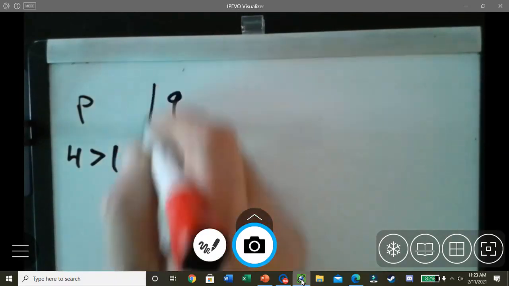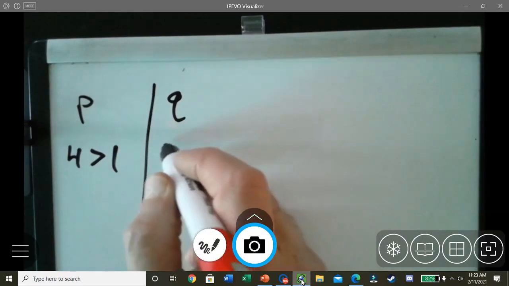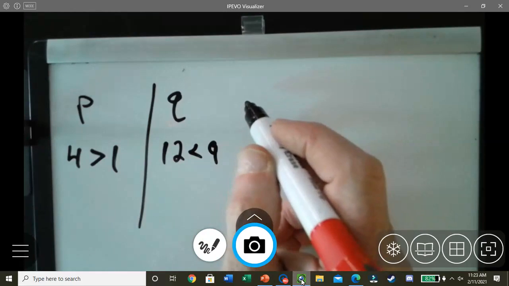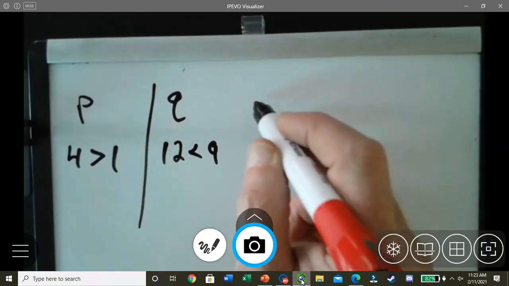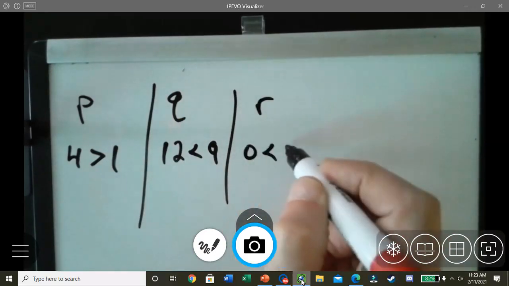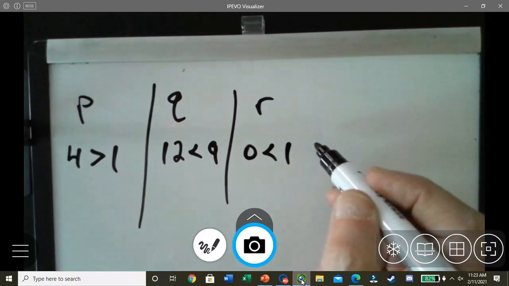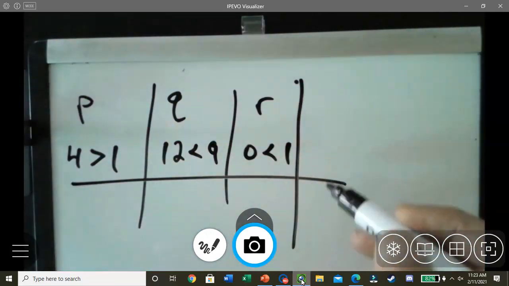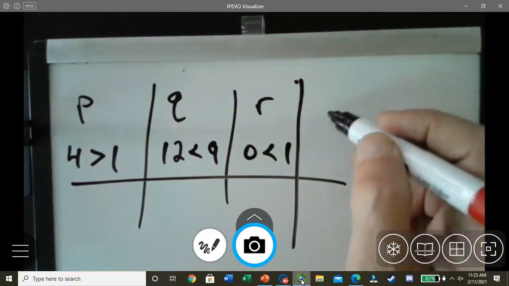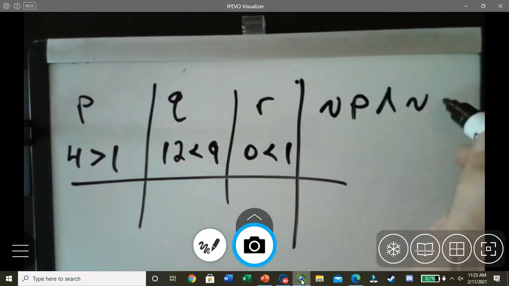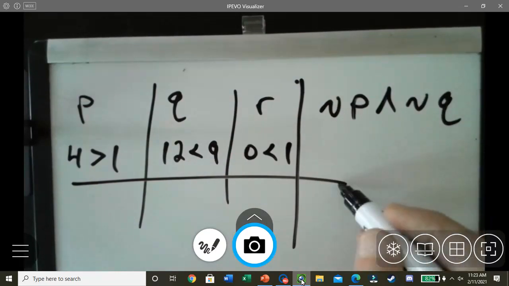Q is 12 is less than 9. And R, 0 is less than 1. Okay, and we're going to look at not P and not Q to start with.